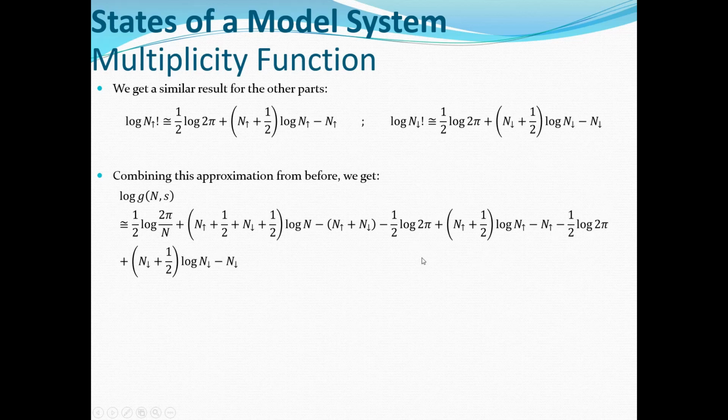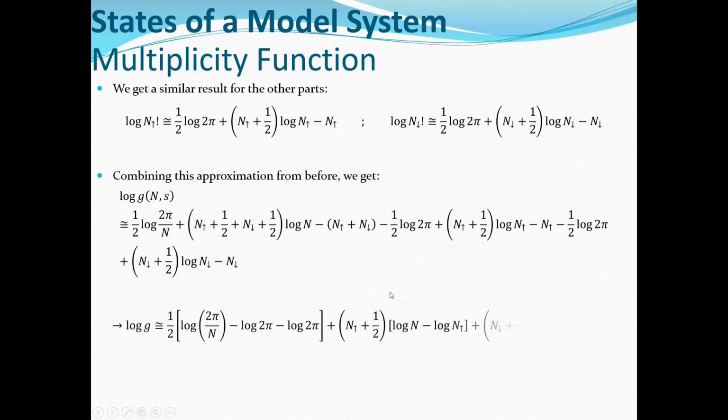And now we can start simplifying and getting rid of terms. So for example, all these half log 2 pi's can actually be brought over into here, and we end up getting this. So these are just these first parts in all three cases brought together.